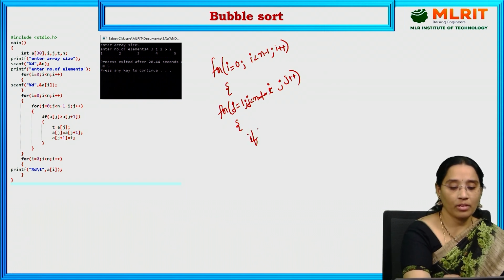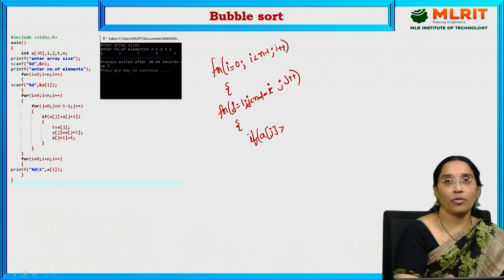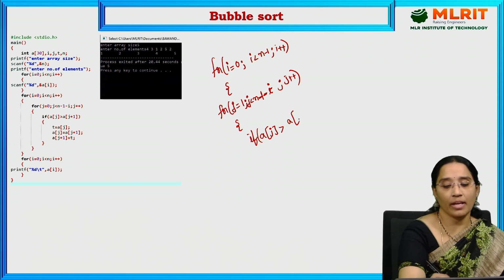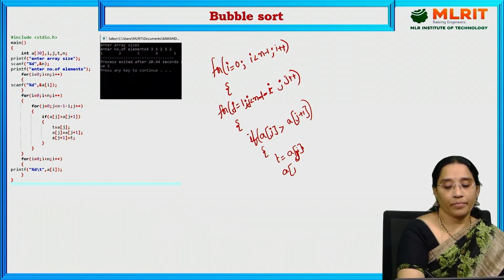One loop is for the number of iterations, and for comparison we need another loop, that is j. If a of j greater than a of j plus 1, we take a temporary variable: t equals a of j, a of j equals a of j plus 1, and a of j plus 1 equals t.